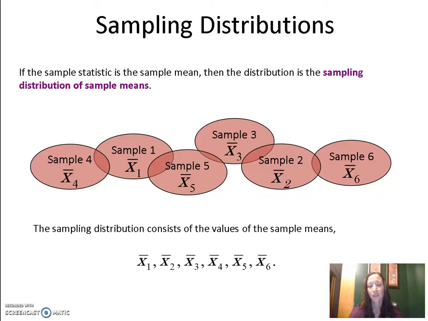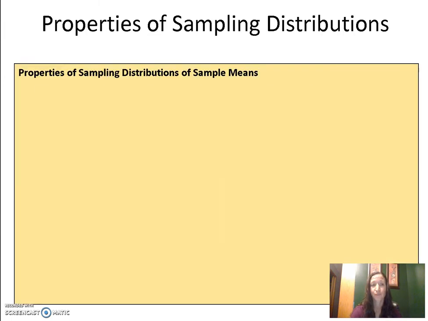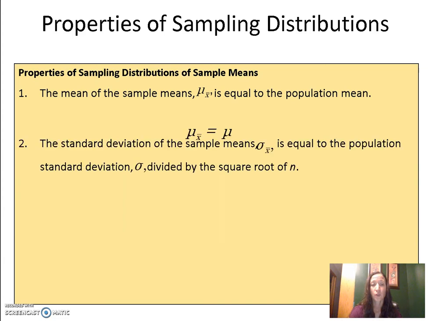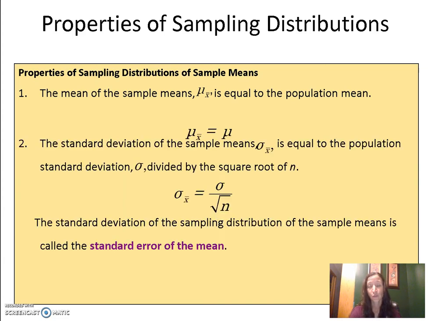And so we are going to look at the sampling distribution of the sample means, which are x1 bar through x6 bar. And one really important thing that you need to know from the central limit theorem is that the mean of the sample means, or mu sub x bar, is equal to the mean of the population, or mu.